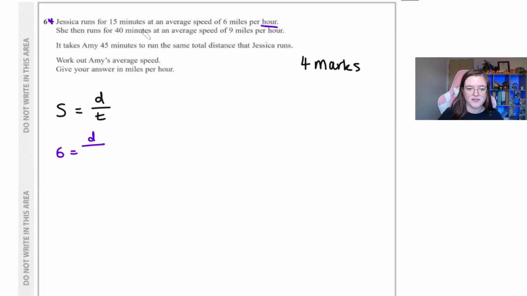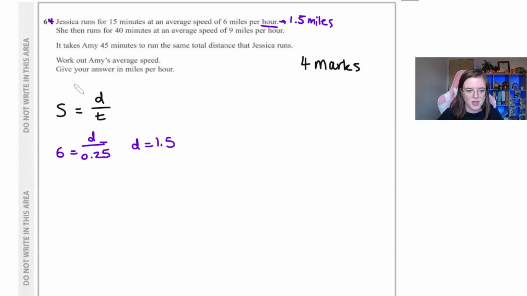Time is 15 minutes, but that in hours is a quarter of an hour. So 0.25. I could put it as just 1/4, either or. So therefore, we can now work out the distance. So the distance is 6 times 1/4. So the distance is 1.5. Okay, so in this section, she runs 1.5 miles.